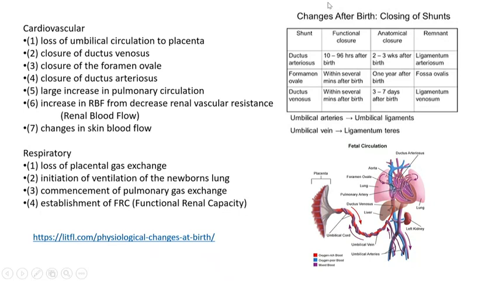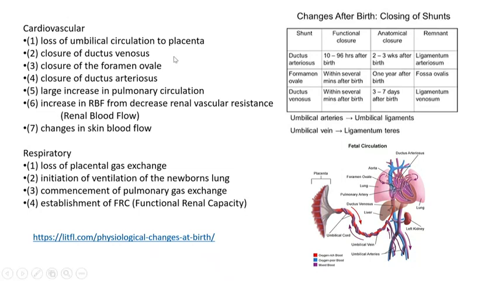They mostly are associated with the cardiovascular system as well as the respiratory system, okay? So this just gives you a reference to the fetal circulation. This basically is a list of what she was talking about in that video.